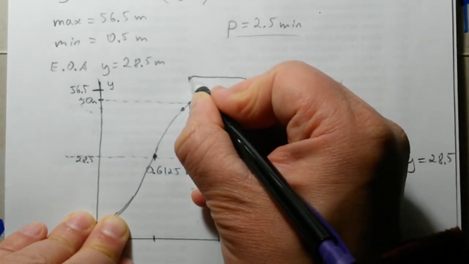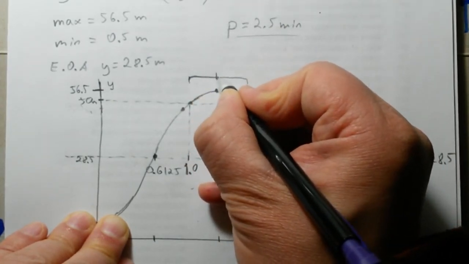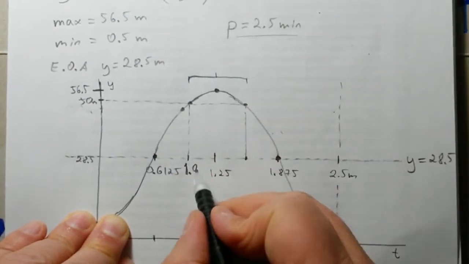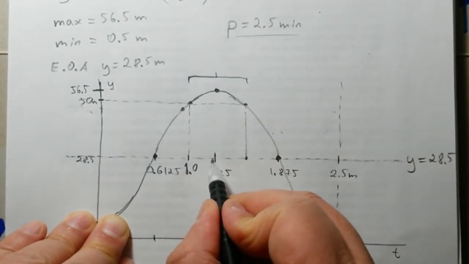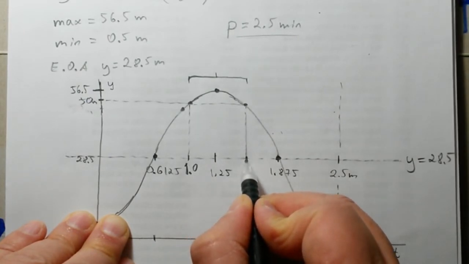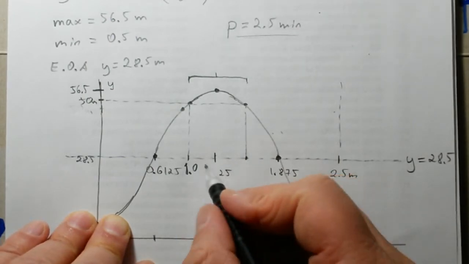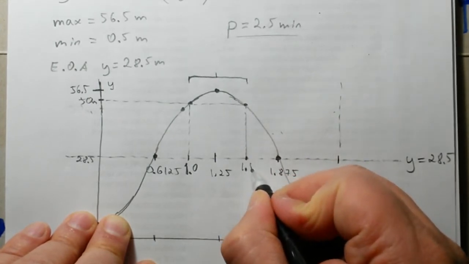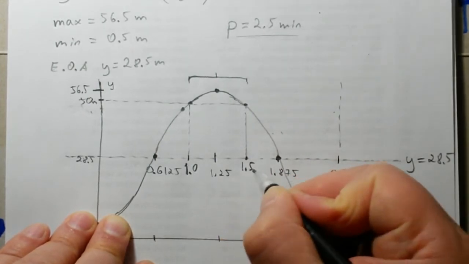Well, from 1 minute, it's about 0.25 minutes away from this mark. So at 1 minute and a half, it would be the end of this interval. So at 1.5, it will be the end of this interval.